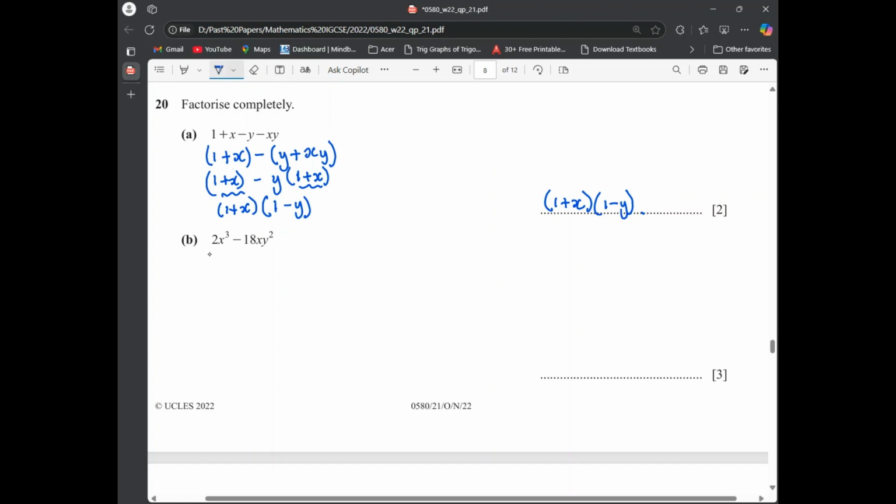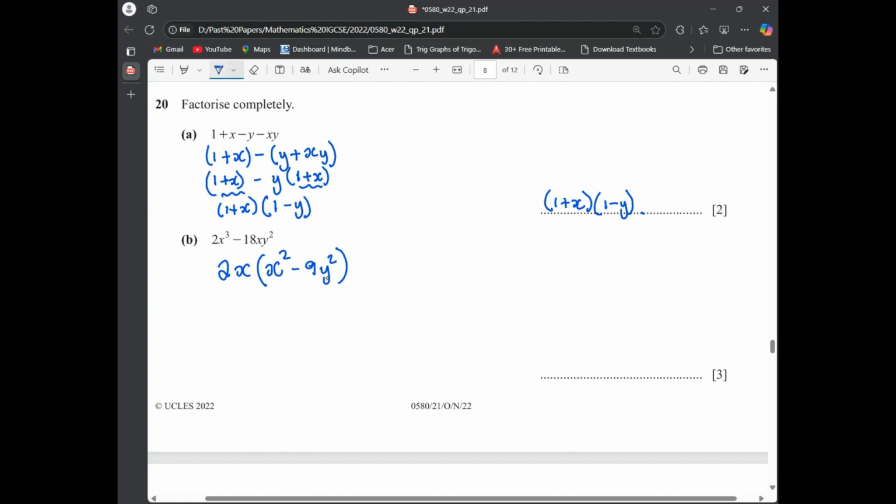Factorize, question 20b, factorize 2x cubed minus 18xy squared. Going to take out a common factor, which is 2x. Inside my brackets, 2x cubed divided by 2x is x squared. 18 divided by 2 is 9. X squared, the x's cancel out, and we've got y squared.